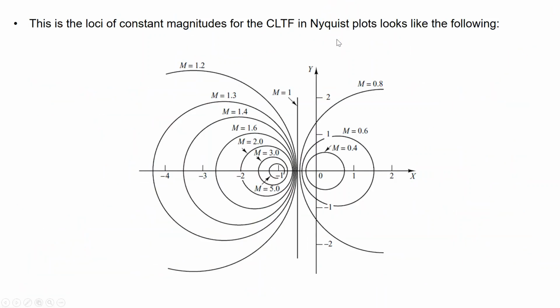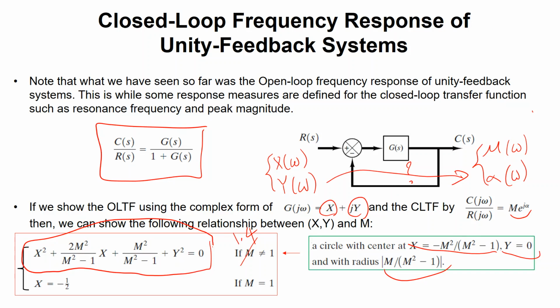So what does that mean? That means in the xy plane, which is basically the Nyquist plot of G of j omega, and remember G was the open loop transfer function, just like what I learned in the past, I only do the open loop transfer function Nyquist plot, not the closed loop.